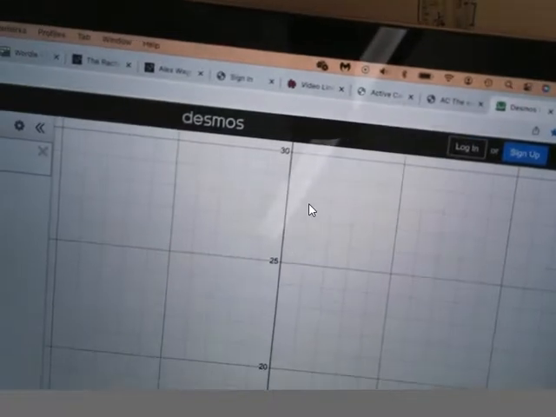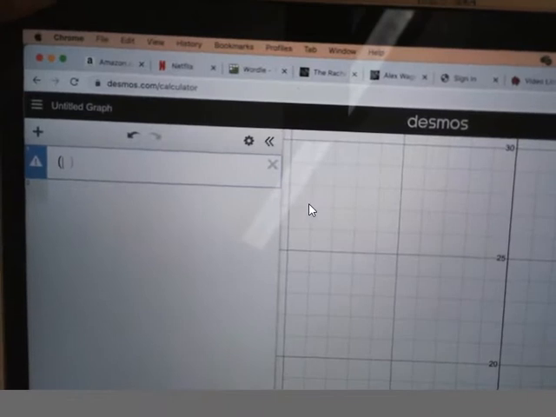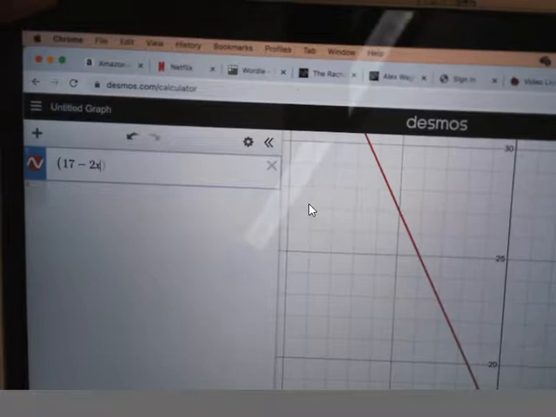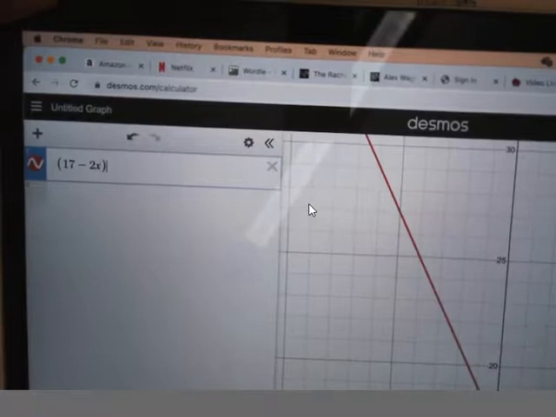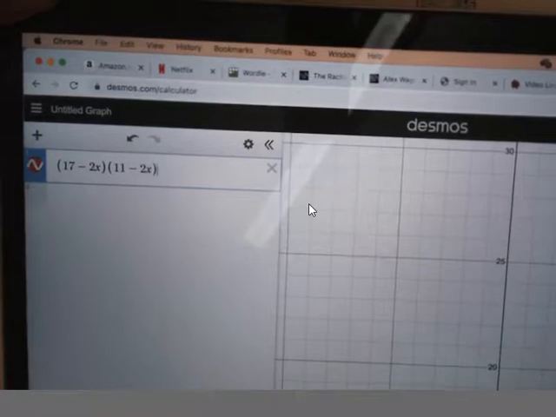I'm trying to do it under the camera here, so it's a little bit challenging. 17 minus 2x, shift, close parenthesis, open parenthesis, 11 minus 2x, close parenthesis, x.